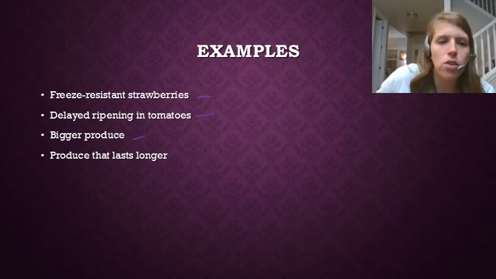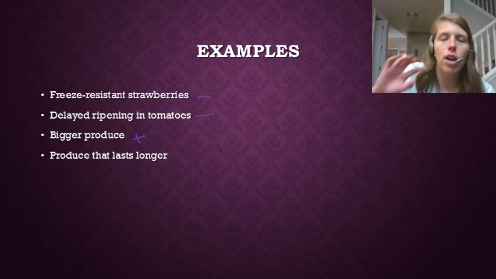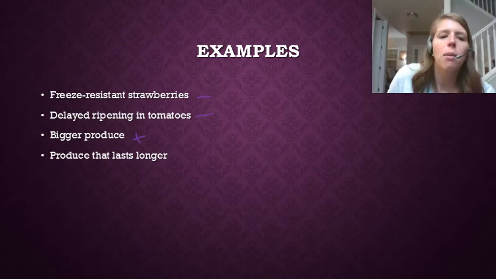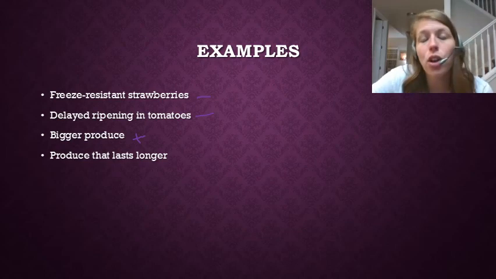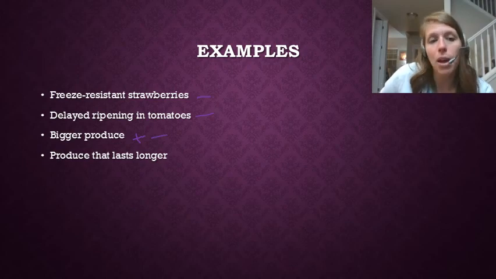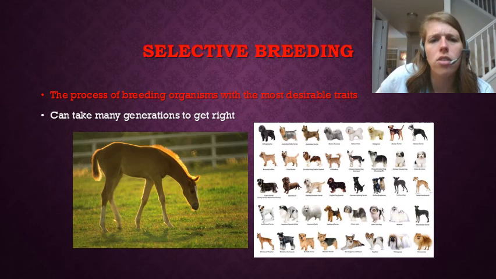Bigger produce, and you see that. If any of you guys have strawberry patches at your home, you know that the strawberries you pick are like this big. But if you go to the grocery store and buy strawberries, they're kind of grossly large, right? But that has been man-made, right? And then produce that just lasts longer. A lot of these things are awesome.